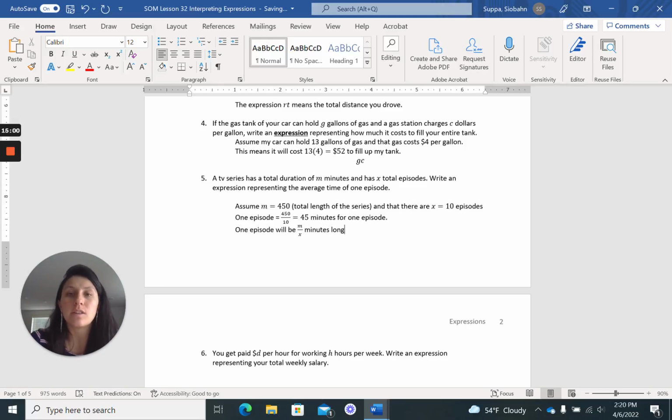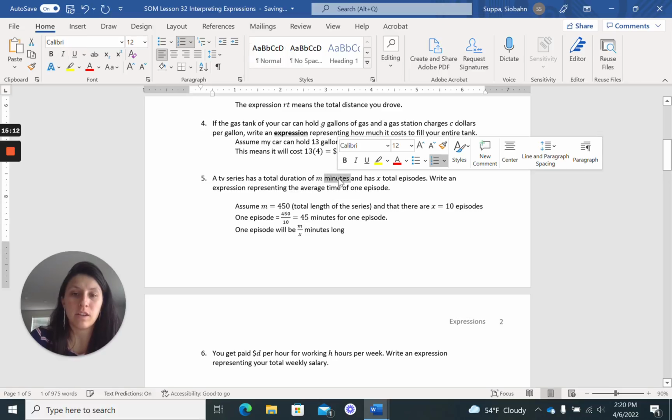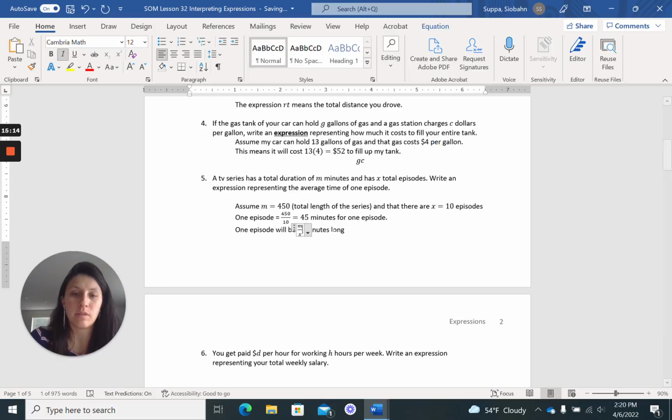You could also do a unit check, to make sure that the units match up. So in the top, the M, if that's the total duration in minutes, then on top that will be M minutes.